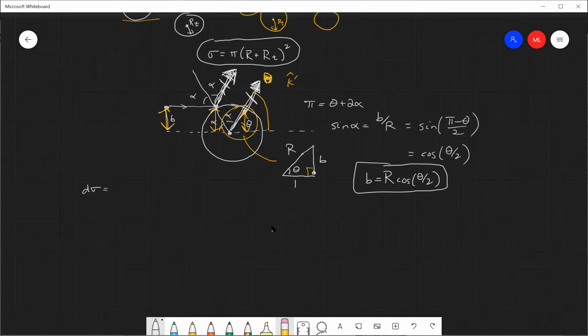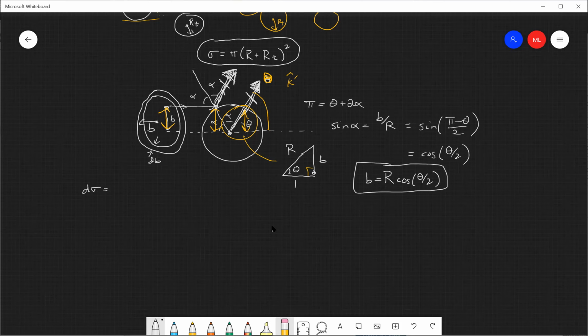Well, if there's a particle at this impact parameter b, then the area that it sees on the target will be everything that's within a kind of rim of size b, and of thickness db. So for an impact parameter b, all the incoming particles that live on this rim will have that same impact parameter, because that's just a distance away from the center of mass.